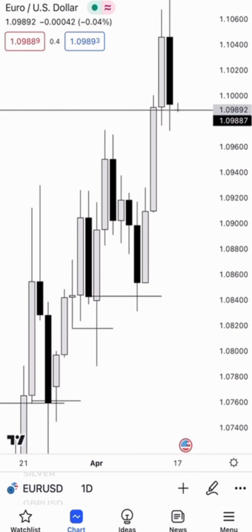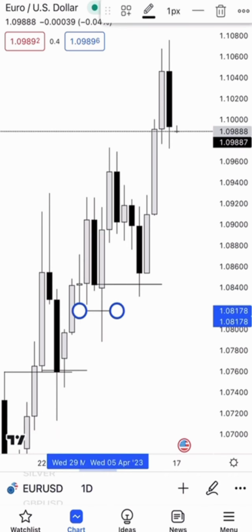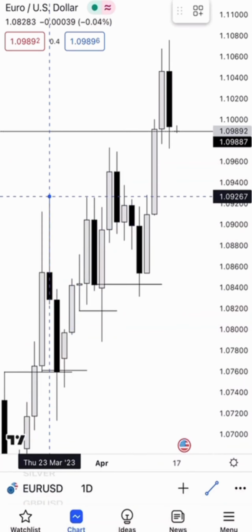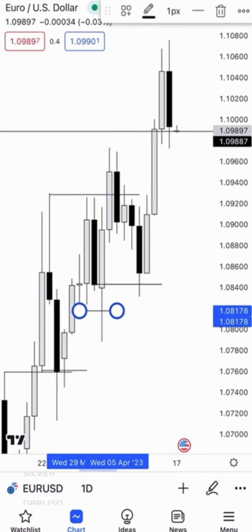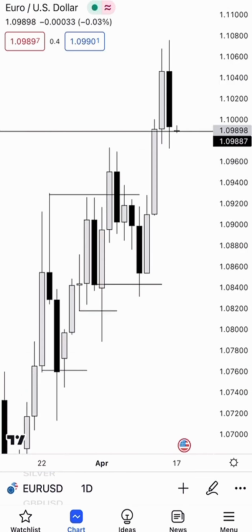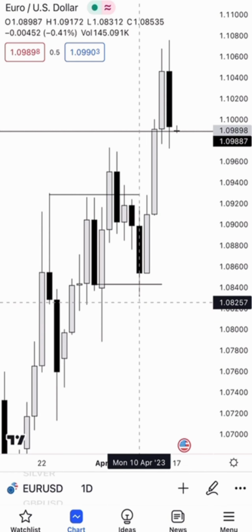And if we come below it, if we don't close below it, because if we close below it, it's going to be a breaker, a bearish candle to cause the purge. So it's a rejection block until it's closed below. Then it becomes a breaker.